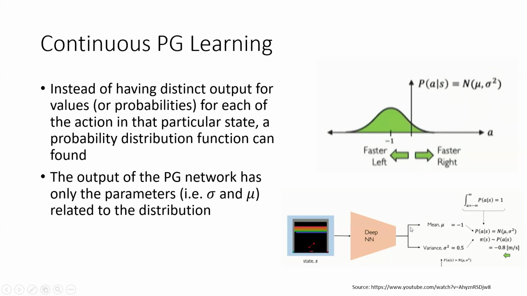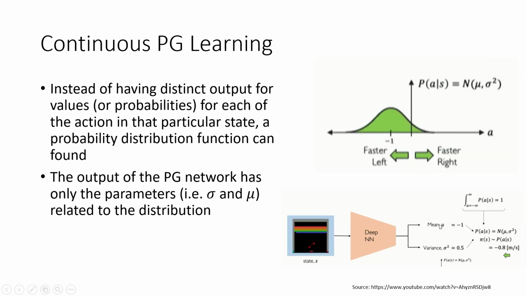So instead of predicting the probabilities for each of these actions, each of these velocities, each of the speeds in each of the directions, we are predicting the mean value mu and the variance sigma squared. It can be sigma or sigma squared, plus the mean.